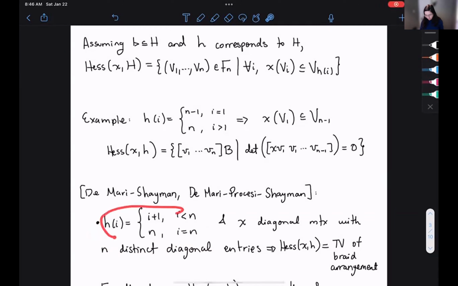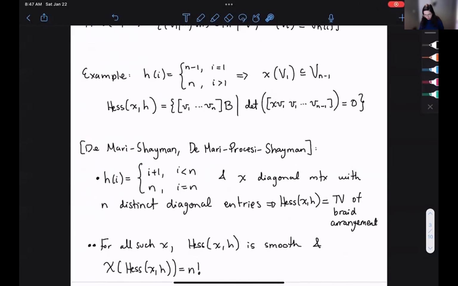If you start with this Hessenberg function and you pick a diagonal matrix with n distinct diagonal entries, then your Hessenberg variety becomes the toric variety of the braid arrangement. In other words, the toric variety of the permutohedron. I'm only telling you about Hessenberg varieties in type A, but this type of relation holds if you went to other types, changing the objects appropriately.